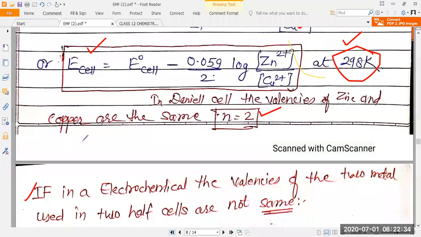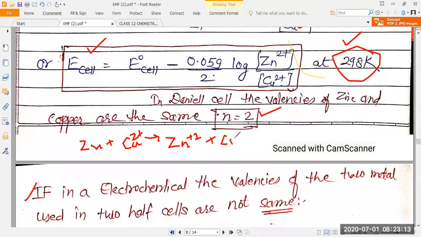Here we saw Zn plus 2. In the above case, the equation was Zn plus Cu, then Zn plus 2 plus copper.